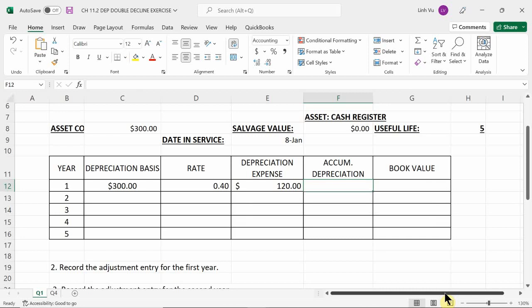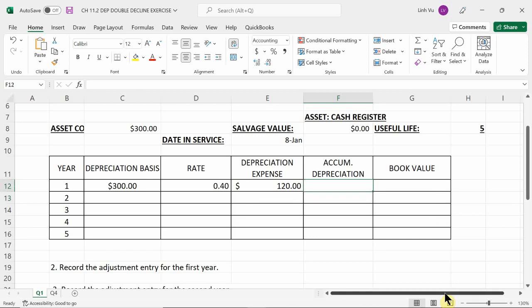In this case, you don't have a previous accumulated depreciation, but you do have a current year's depreciation expense. You used the machine, right? You used it and you depreciated it by $120. So it'd be 420. That's the book value.